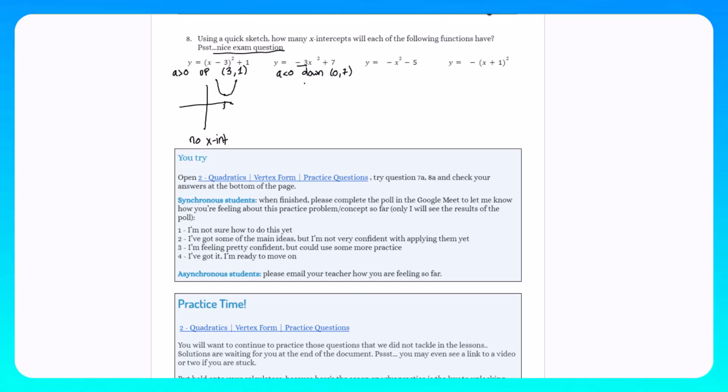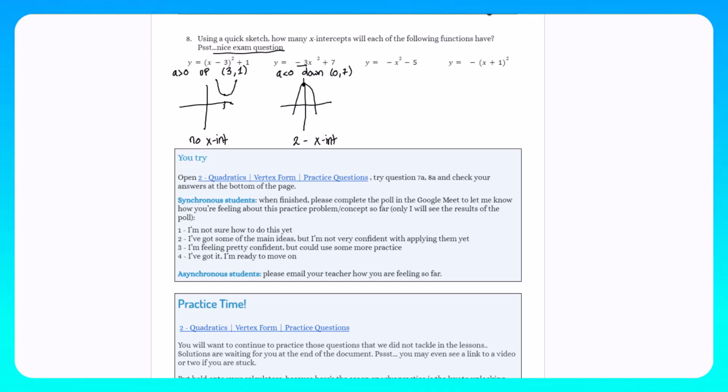So if we do a little sketch of this one, the vertex is actually going to be on the x-axis and it opens down. So it's going to look something like this. We don't know exactly, but it's going to look something like this. This means there are going to be 2 x-intercepts.